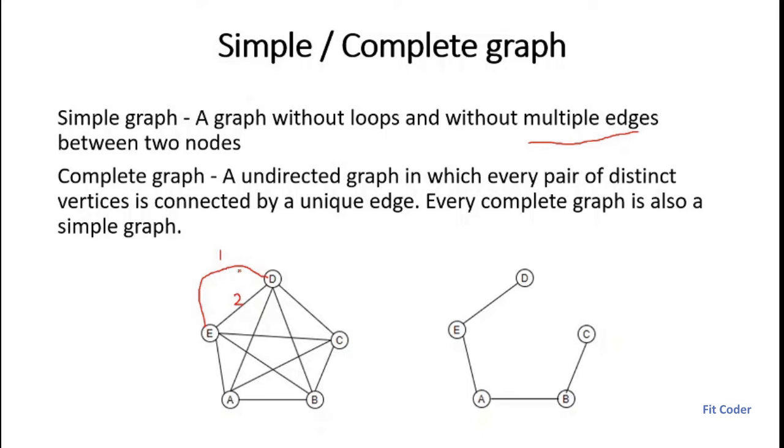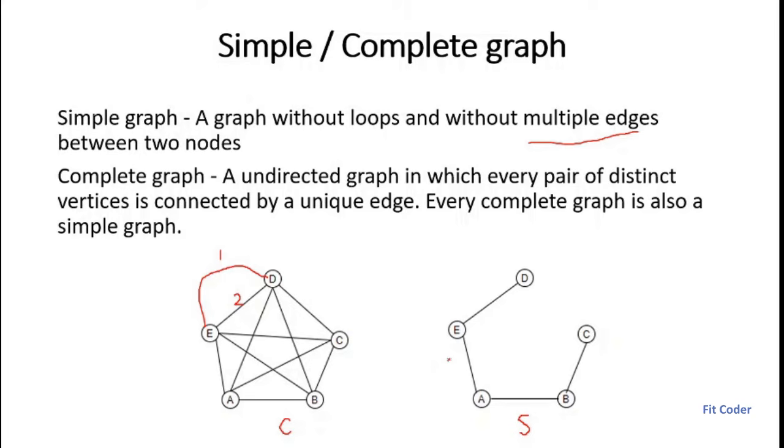A complete graph is a graph in which each pair of distinct vertices is connected by a unique edge. Can you tell me which one of these is a simple graph and which one is a complete graph? Okay, so this one is a simple graph and this one is a complete graph.